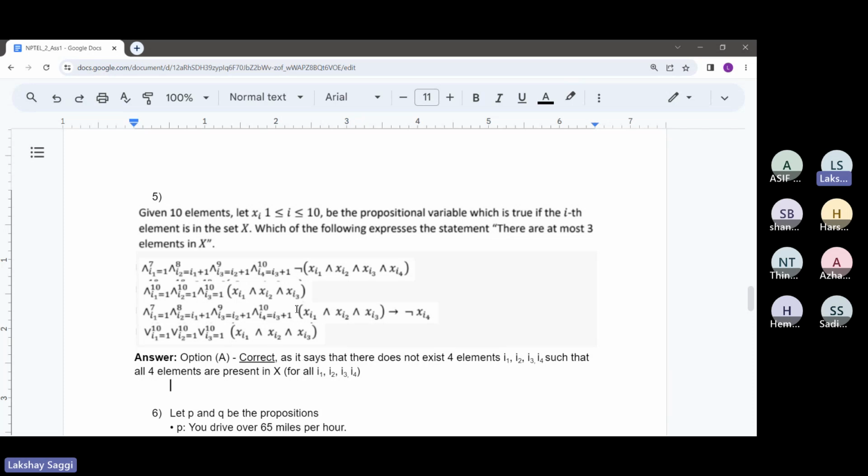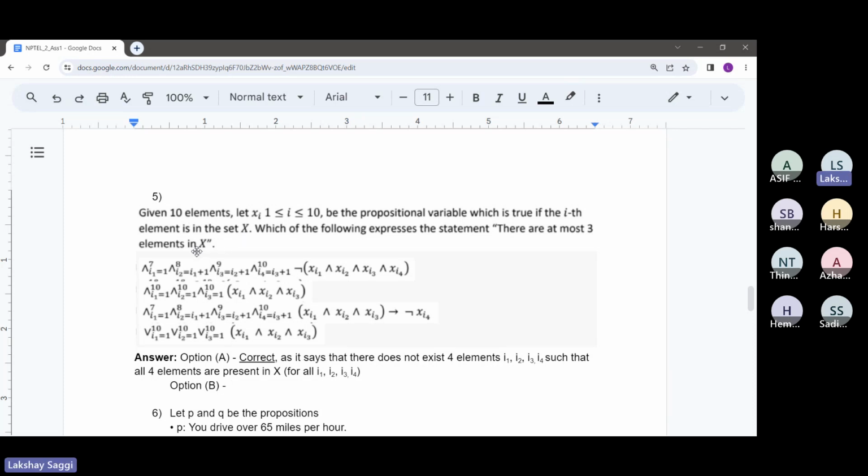Now option B. This question is more about interpreting what the Boolean formula is saying. So now what option B is saying is it's taking an AND over all I1, I2, I3, and it says xi1 and xi2 and xi3. So xi1 and xi2 and xi3 means I1 is present and I2 is present and I3 is present.